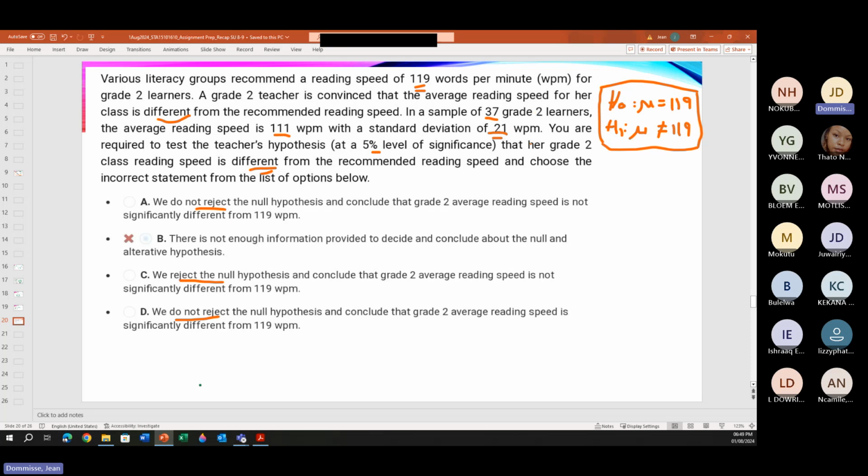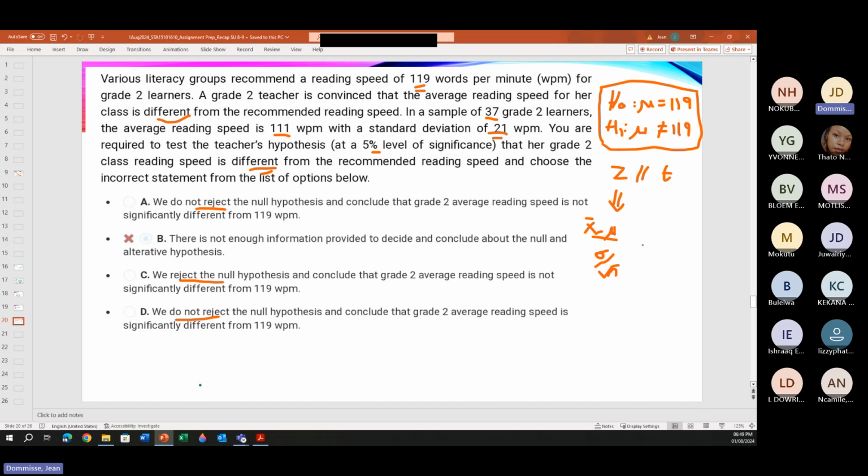So working with a mean, we need to decide if we're working with a Z or T. The way that we calculate that Z or T is exactly the same. The formula for the Z, also from study unit 7, is your sample mean minus population mean, divided by the standard error.